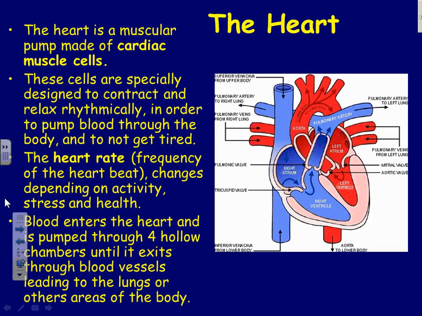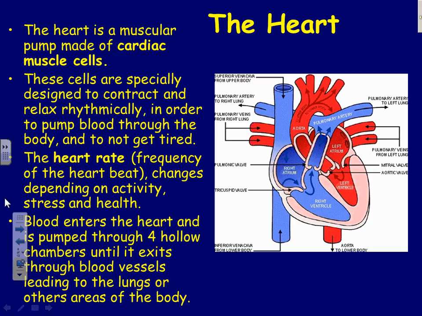These cells are specifically designed to contract and relax rhythmically in order to pump the blood through the body and not get tired. The heart rate, the frequency of the heartbeat, changes depending on activity, stress, and health. Blood enters the heart and is pumped through 4 hollow chambers until it exits through the blood vessels, leading to the lungs and other areas of the body.